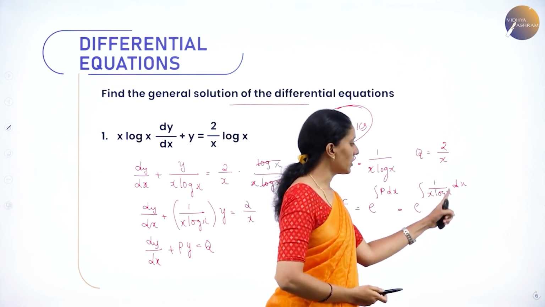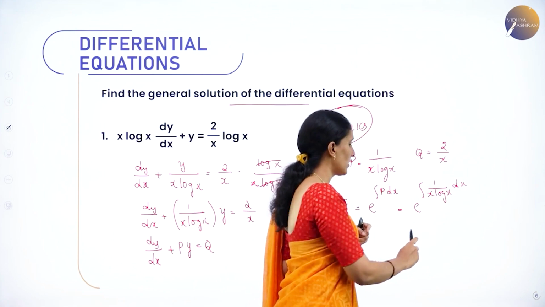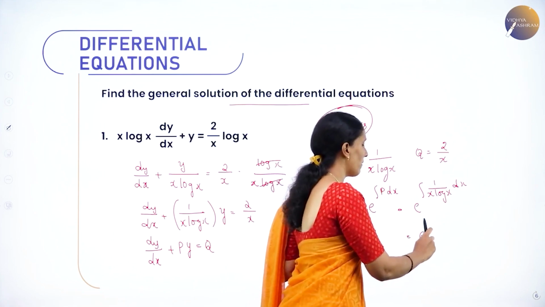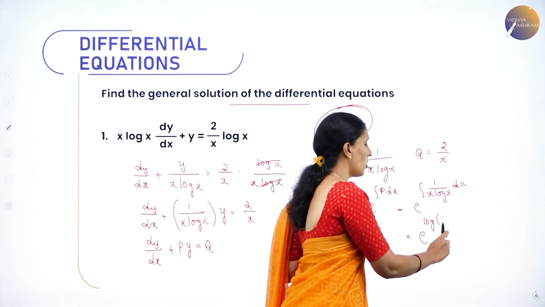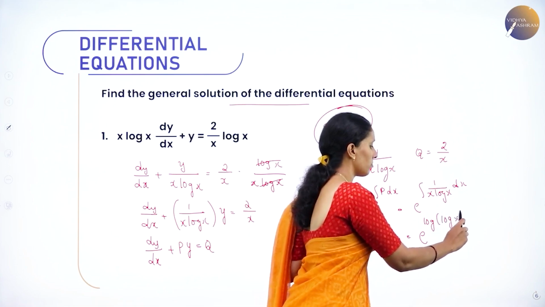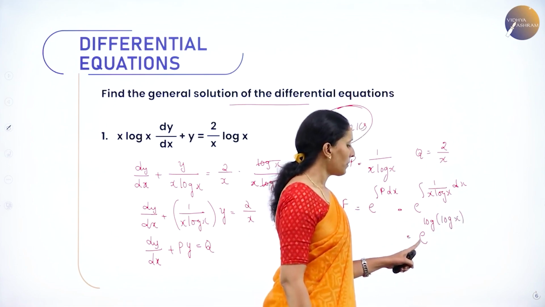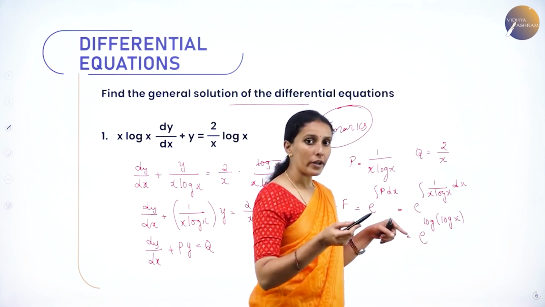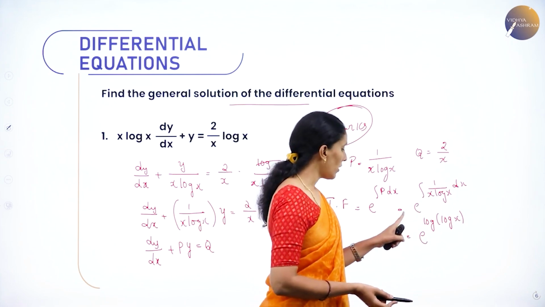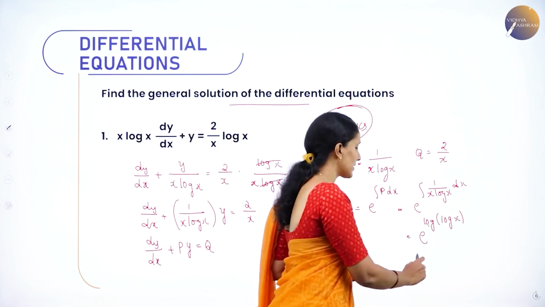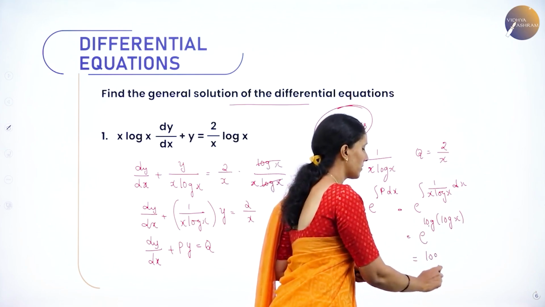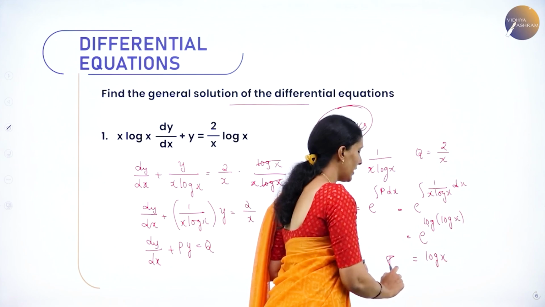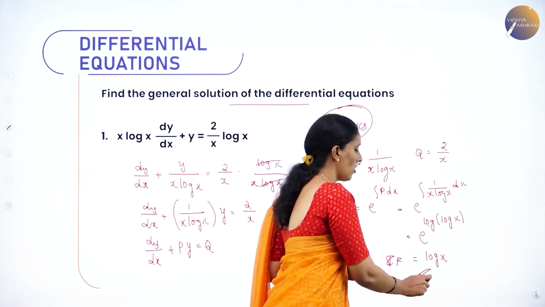Therefore, this can be written as log of log x. So here it becomes e to the power log of log x. Whenever the exponential power is in terms of log, e power log x can be written as x. So e power log of log x can be written as log x. Therefore, my integral factor here is log x.